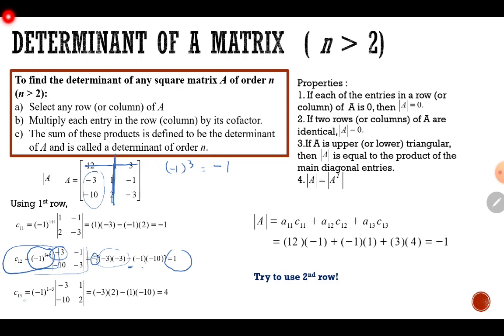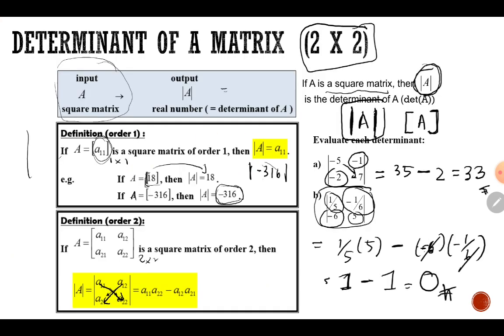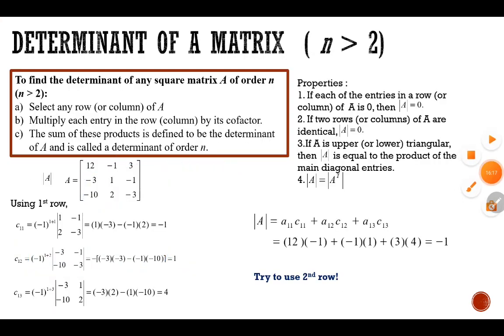Okay. And finally C13. Okay, bila dah siap, yang ni kita potong pula. Okay, yang ni tadi kita potong first row kan. Okay, now the final one we potong third column. So bila you potong third column, you akan tinggal kat sini negatif 3, 1, negatif 10, 2.